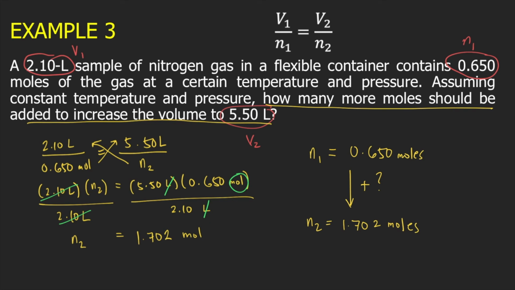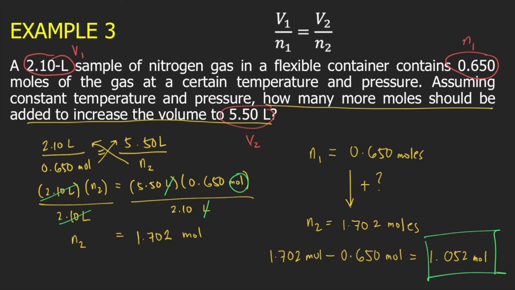So basically what you need to do is just subtract 1.702 moles minus 0.650 moles, and the answer is equal to 1.052 moles. So this is the final answer to this question.